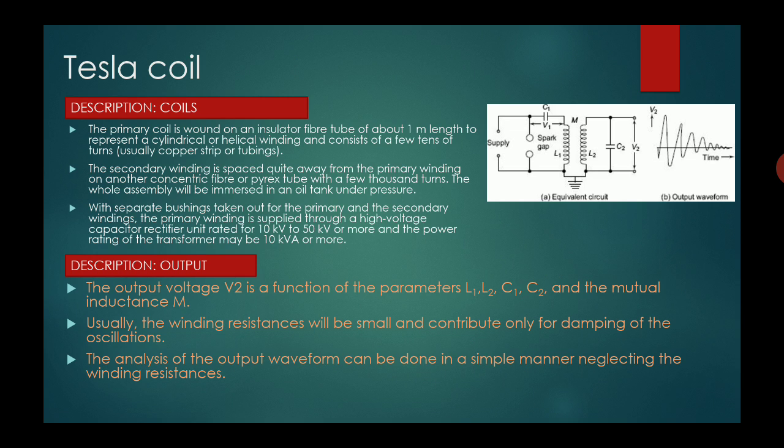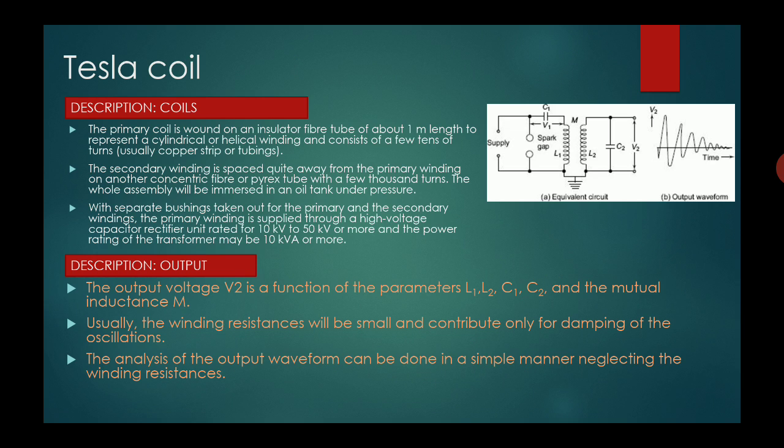The output voltage V2 is a function of the parameters L1, L2, C1, C2 and mutual inductance M. Usually the winding resistance will be small and contribute only to the damping of the oscillations. The analysis of the output waveform can be done in a simple manner, neglecting winding resistance.